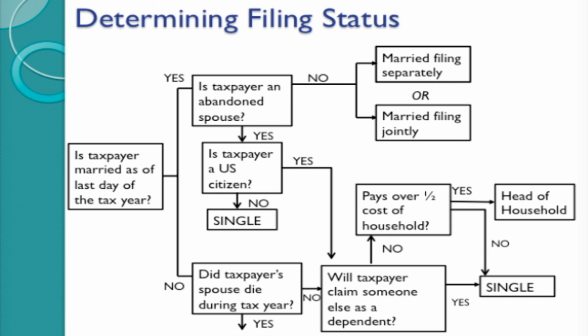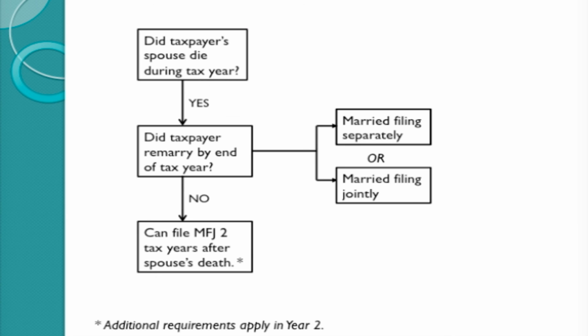Let's see, what did I not mention there? Oh, surviving spouse. These two slides of flowcharts are a pretty simple way of just going through that and not having to think too much about how to determine those criteria.